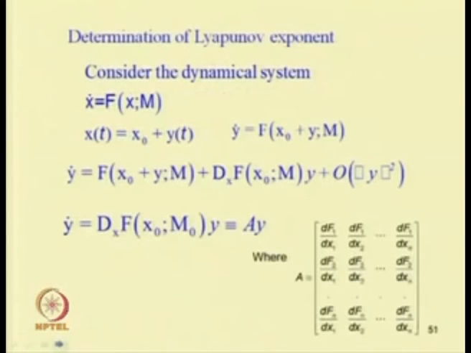So, let us now see how to determine this Lyapunov exponent. Let us have a dynamical system defined by this equation x dot equal to f(x, m). For an autonomous system it can be defined in this way. For a non autonomous system, one can write the equation in autonomous form by adding one more variable or one more equation.